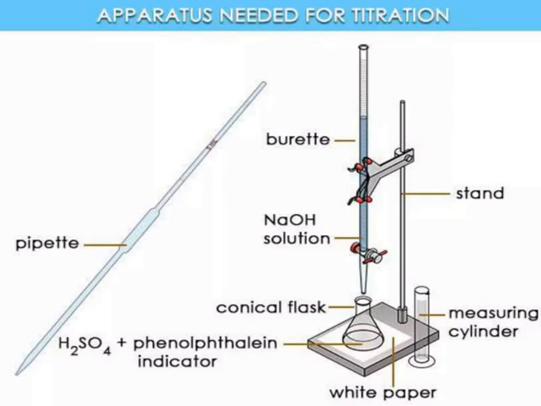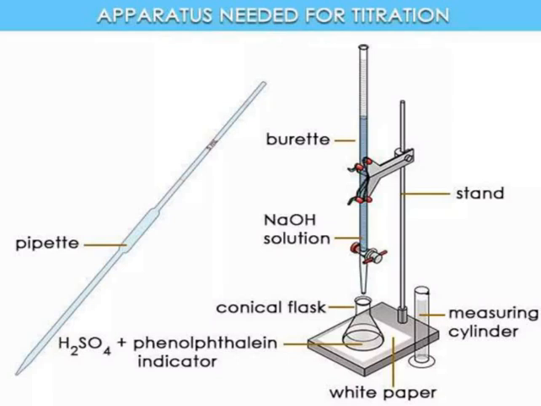Now you fill it with the sodium hydroxide solution, and when you take sodium hydroxide solution in the burette, check the stopcock. If the stopcock is not working properly, check it. Check the burette properly. Now you can see the measuring cylinder you use in titrations.